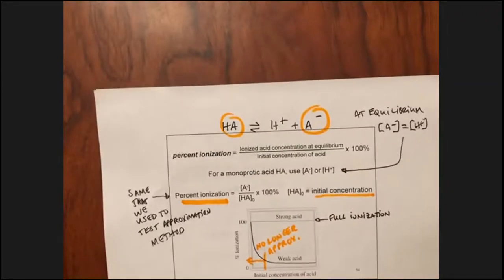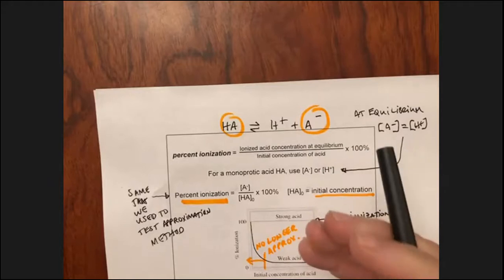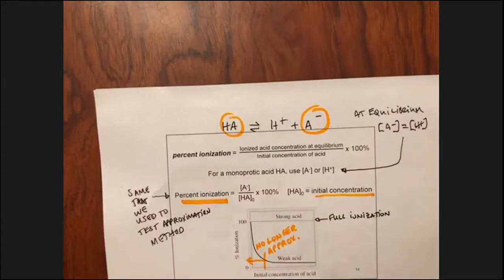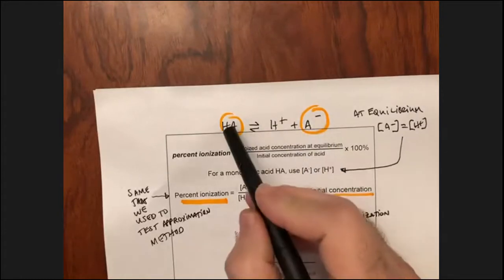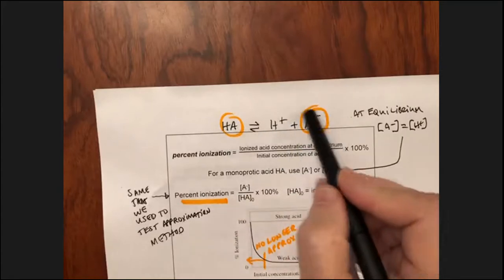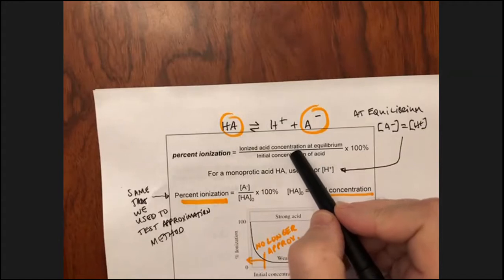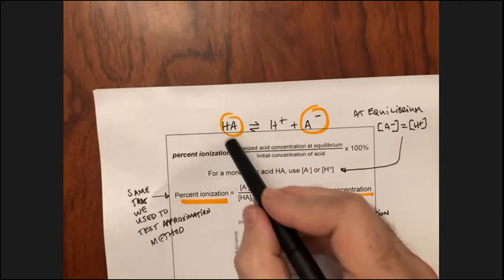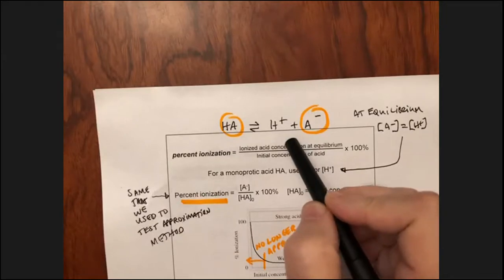So again, if I lower the concentrations, the right side of the equation has 2 particles for every particle in here. That means that the right side of the equation, quote unquote, feels the decrease in the concentration more than the left side.